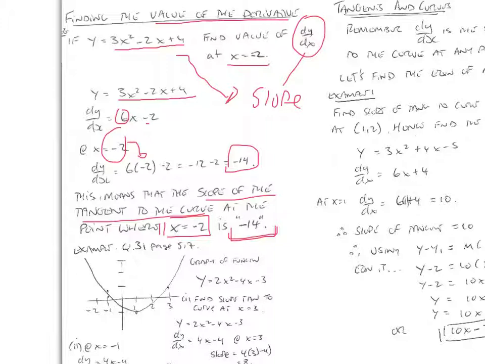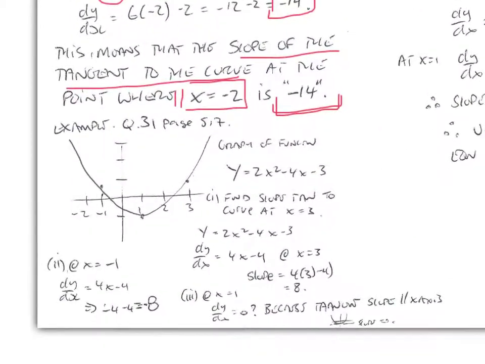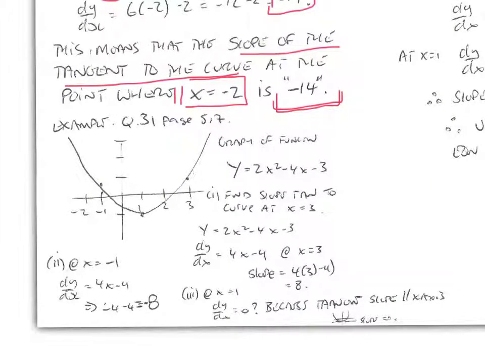So here's an example now from page 517 of the book. We're given a graph. It's a parabola, from the function y equals 2x squared minus 4x minus 3. Find the slope of the tangent to the curve at x equals 3. How do we do that? We get the derivative, dy/dx, which is equal to 4x minus 4.